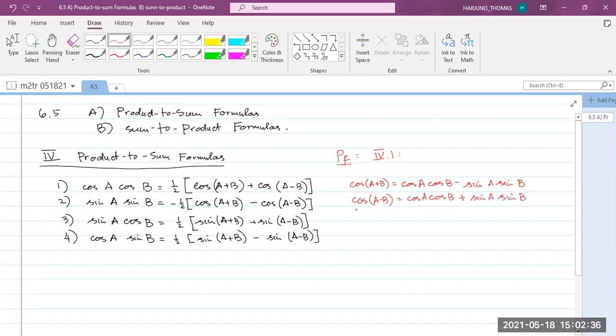When we add these, the terms with opposite signs will cancel, right?